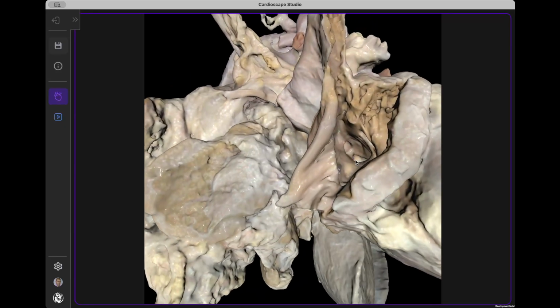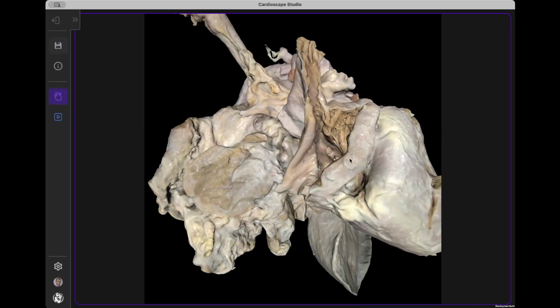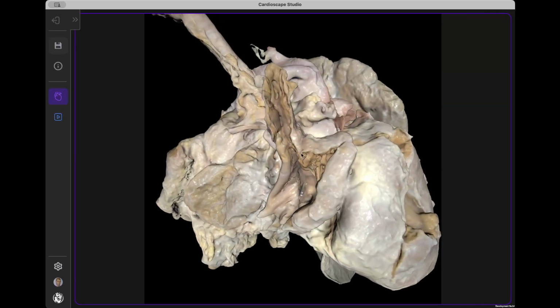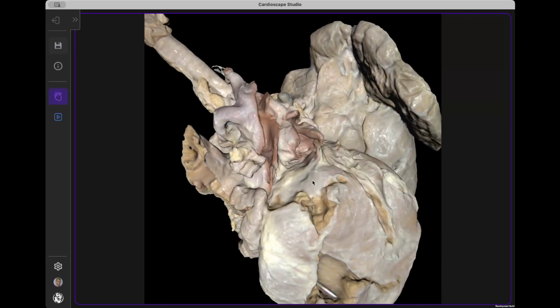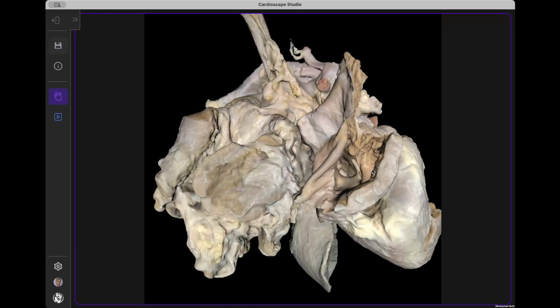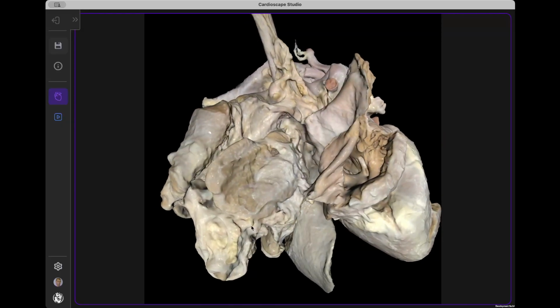So why don't we zoom out for a moment, just get our bearings again. Here's a right atrial appendage. Here's the anterior surface of the right ventricle. Here's the pulmonary trunk here. We'll go further over to the right side. Here's the right lung, which is hypoplastic.